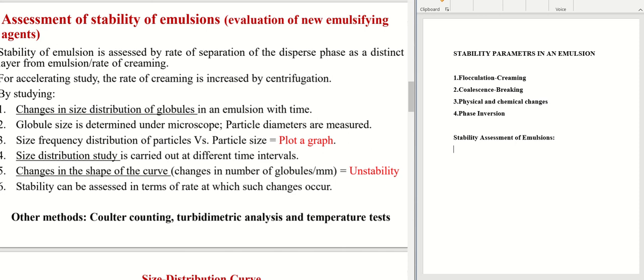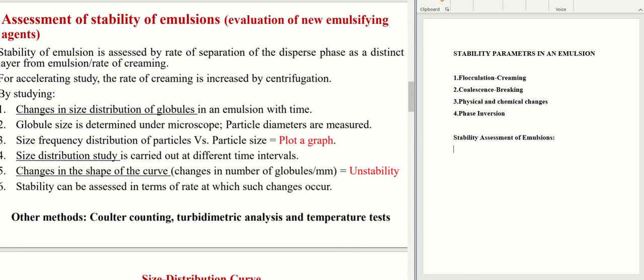As the creaming of an emulsion plays a major role in deciding the stability, we need to know how fast our emulsion tends to cream, how fast it tends to sediment into two different layers.